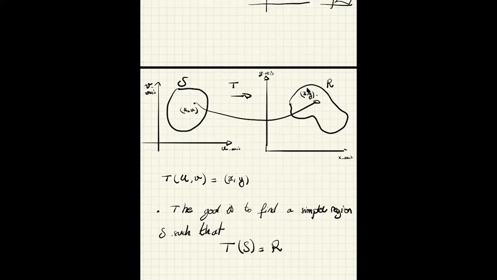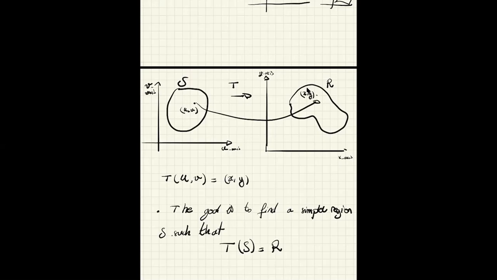You want to integrate over R. Suppose you have another region, a circle or something much simpler, like a rectangle. So instead of integrating over R, I can integrate over the simpler region.